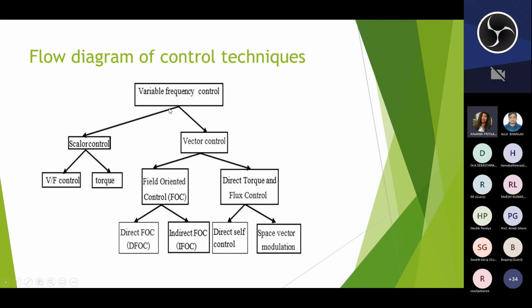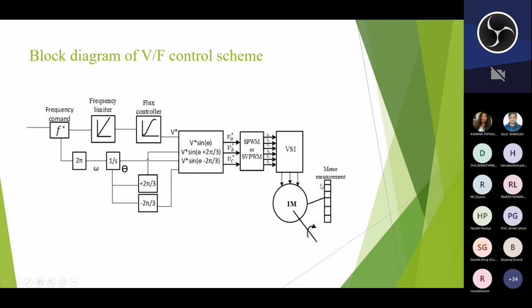The variable frequency control is of two types: scalar control and vector control. Under scalar control, there is V by F control and torque control. With vector control, we can also implement field-oriented control, or direct torque or flux control. That is the V by F control scheme.